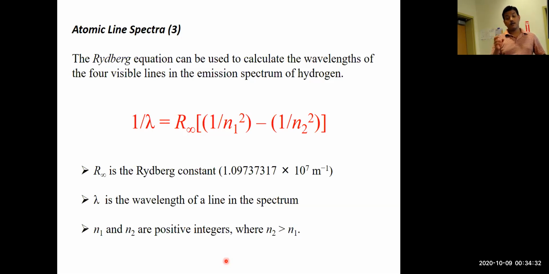He specifically researched the hydrogen atom, and he proposed an equation to calculate the wavelength: 1 over lambda is equal to the Rydberg constant times 1 over n1 squared minus 1 over n2 squared. He defined n2 as the larger integer and n1 as the smaller integer.